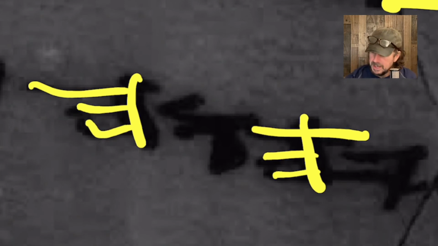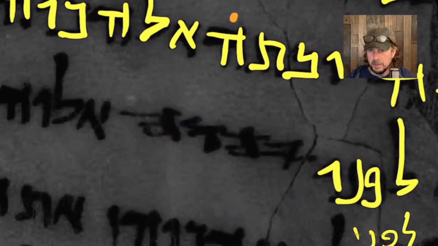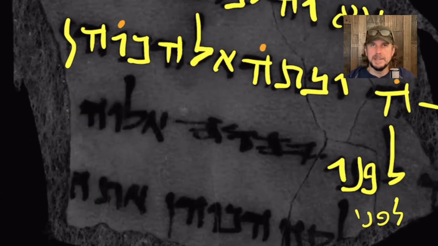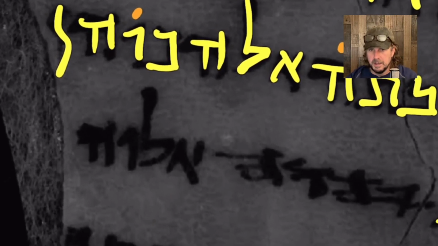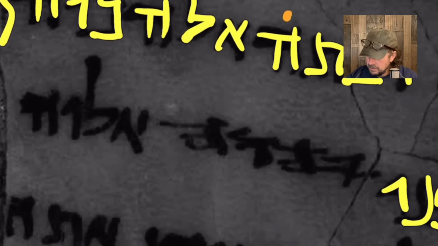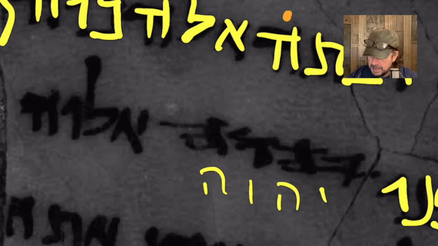So you could say, well, he's writing really quickly, but in my view, this is symbolic use of the Paleo-Hebrew. He's not a Paleo-Hebrew artist or calligrapher. His Hebrew is not even that great, if you ask me. But so that would be our Yod, Hey, Vav, Hey, and then Elohecha.